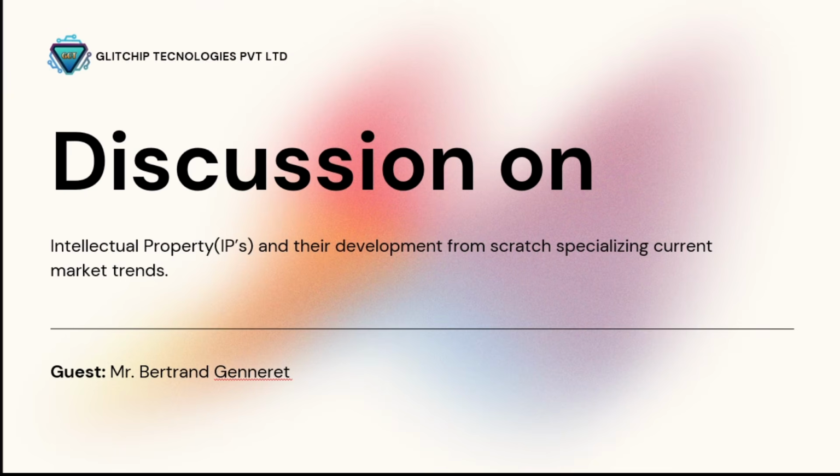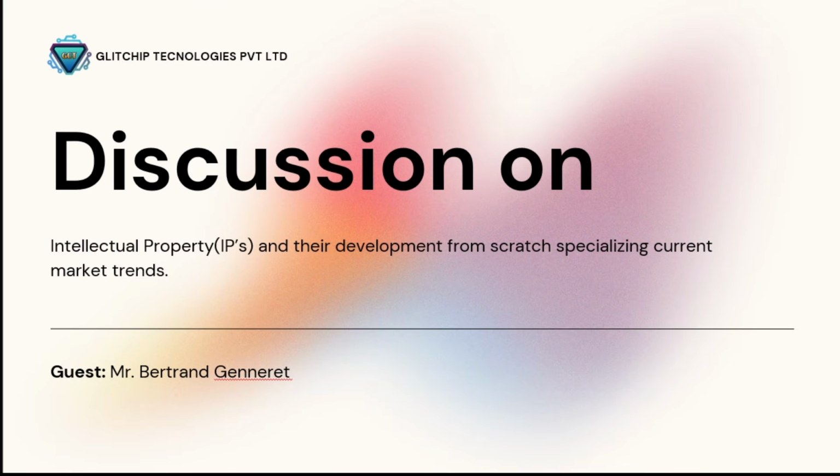Another advantage is that when you provide the IP, you don't reveal the source code of your IP. And another advantage is that it provides the highest performance because it's fully optimized in terms of area, timing, and power for the specific process. So those are the trade-offs between soft IP and hard IP, right?